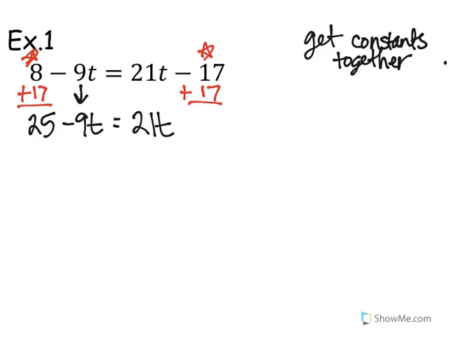Okay, now I want to obviously get the variables together. The reason I say obviously is because I can't solve the problem if the variables aren't together. All right, how am I going to get the 9 over with the 21? Add it.